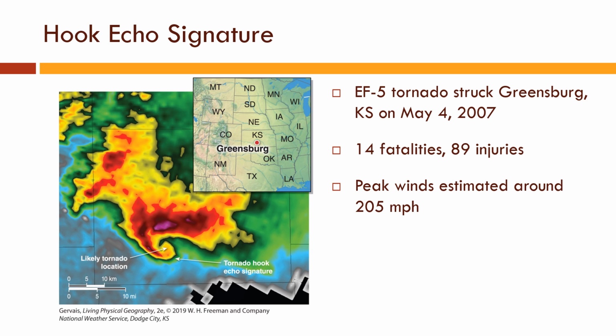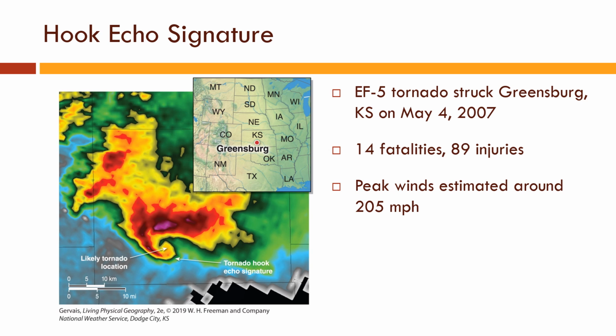What it's showing here, that little J, is the hook echo signature produced by a tornado in May of 2007 in Greensburg, Kansas. The way this works is the heaviest precipitation on the radar map here is in orange and red. Pink indicates really large hail. Areas with no data are in black.